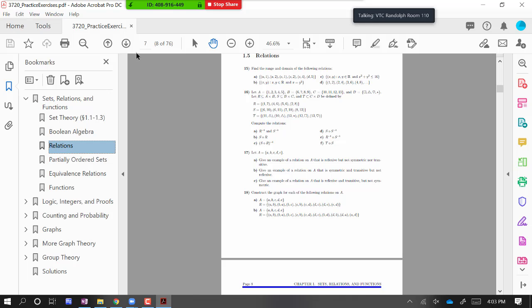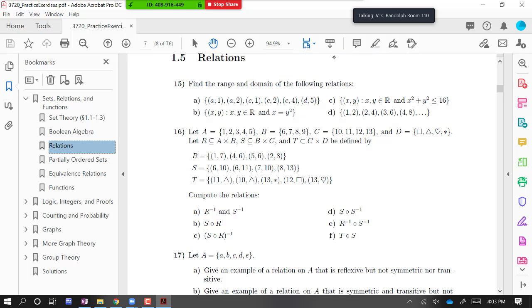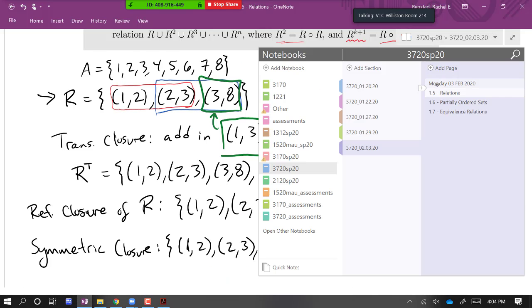Okay, so I forget which part you had a particular question about. Maybe we could just talk about it. Did it start with part C or part B? Let's do part B. Okay. S composed with R. So they tell us that S contains 6 10, 6 11, 7 10, 8 13. Right.